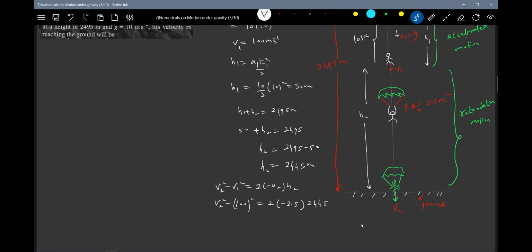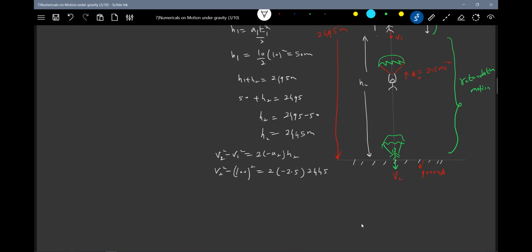Let me use the calculator. 2 into 2.5 into 2445 is 12,225. V1 square is 100 square, this will be 10,000, minus 12,225.